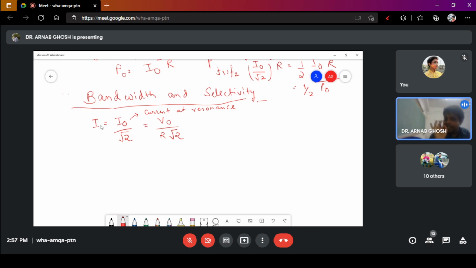I0 is V0 by R, because at resonance the impedance is equal to R. So the current at F1 and F2 is given by V0 by R root 2.